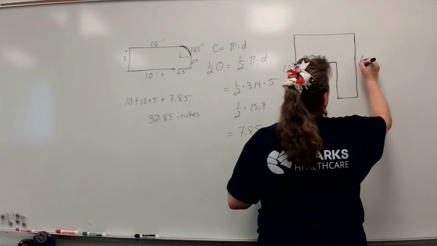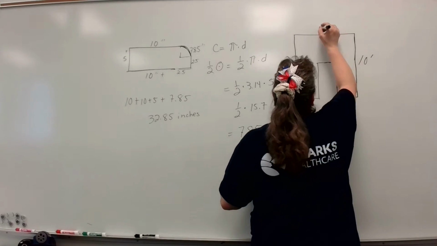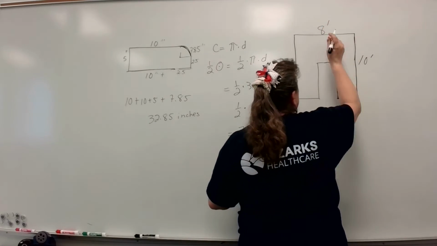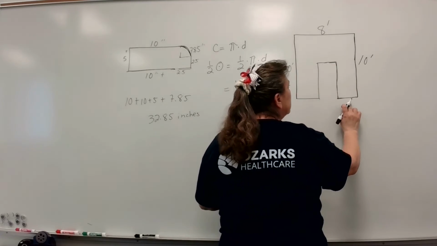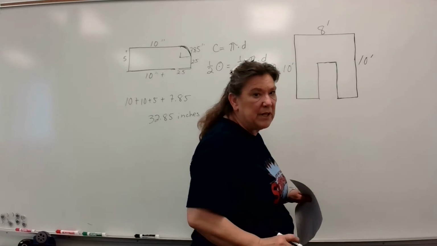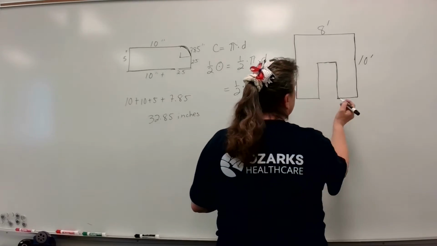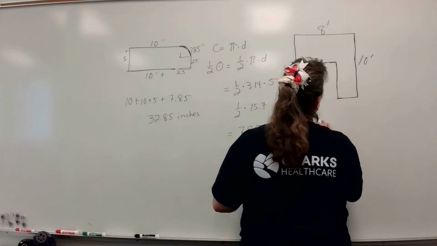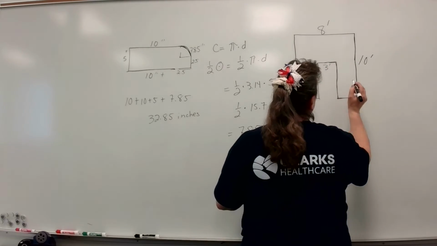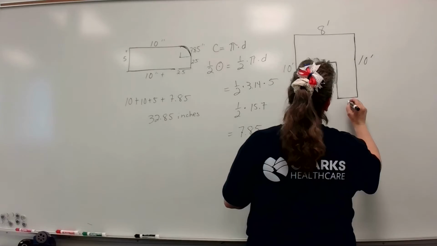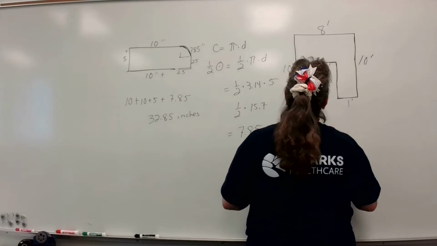So this one is also 10 feet. Let's say this one is 8 feet. That means this plus this plus this also has to equal 8 feet. So if I say this one is 4 feet and this one is 3 feet, then this one's going to have to be 1 foot, okay?